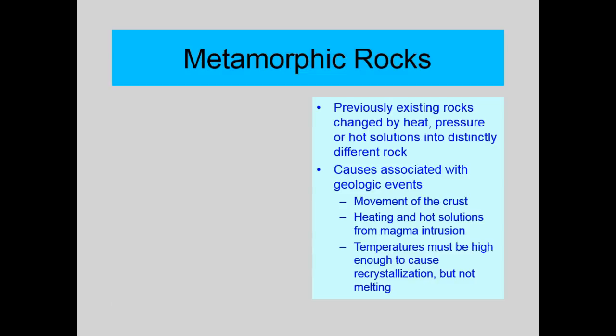Now, the silicates are either ferromagnesium, meaning high iron content, non-ferromagnesium, meaning low iron content, or clay. Those are the types of silicates.